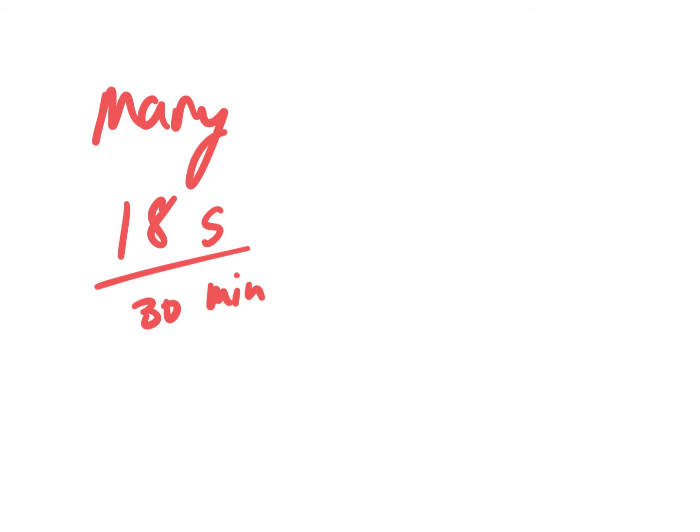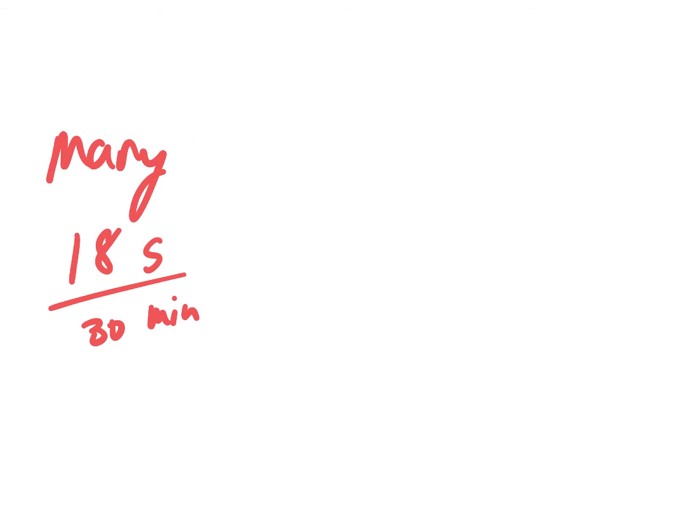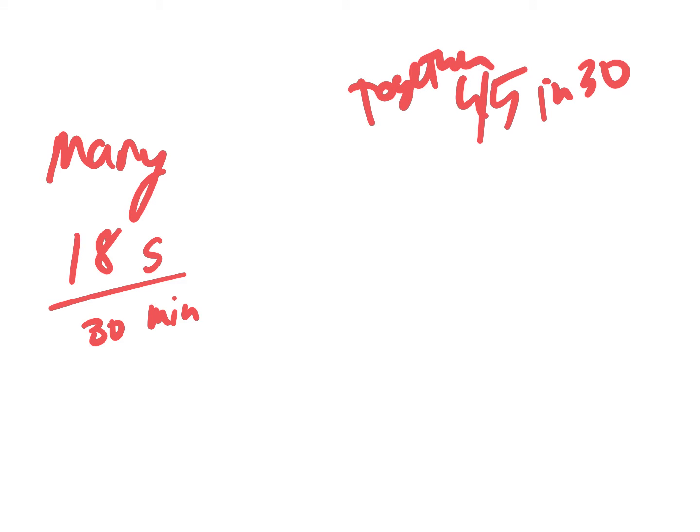One day, Mary teams up with Jack, and together they go out picking, and they get 45 shells in 30 minutes. Working together, they get 45 shells in 30 minutes.